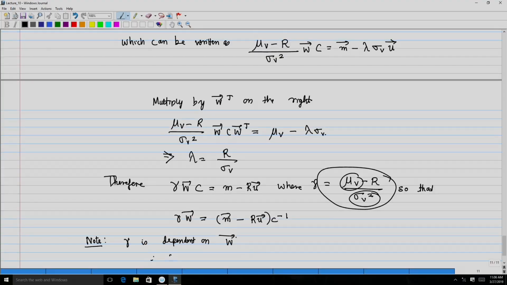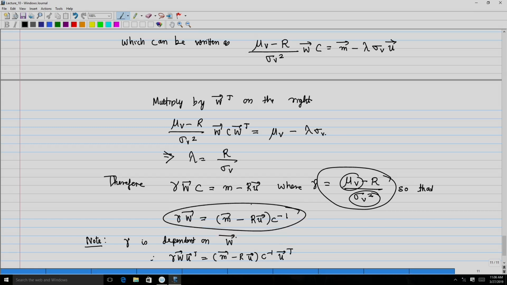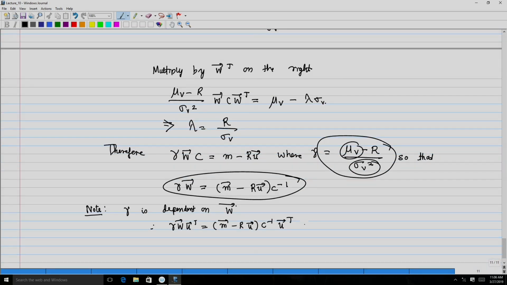So, in order to handle this, we have gamma W u transpose is equal to (m minus r u) C inverse u transpose. That means we multiply both sides by u transpose, and remember W u transpose is equal to 1.